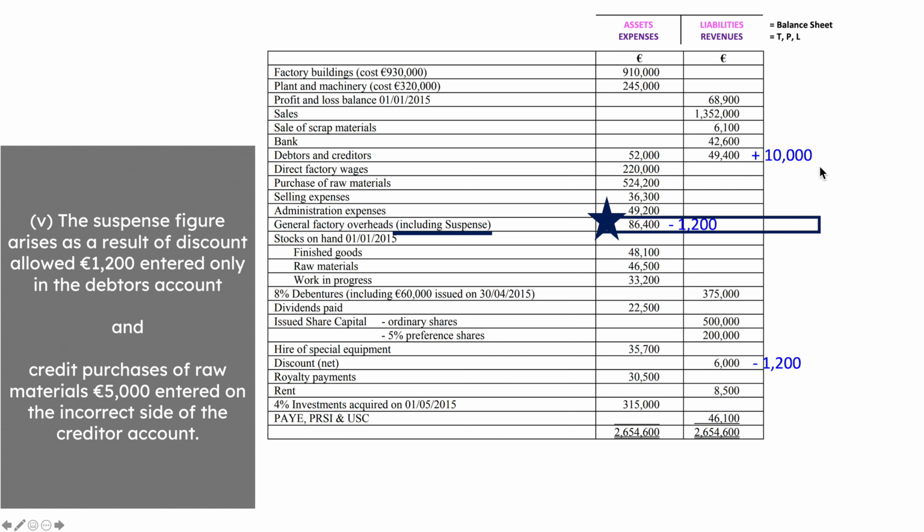So we add 10,000 there. As you know then, your 2 sides will not equal if you add 10,000 to one side. So what you have to do is add the 10,000 to the debit side as well, and then both sides will equal. That is our suspense one.